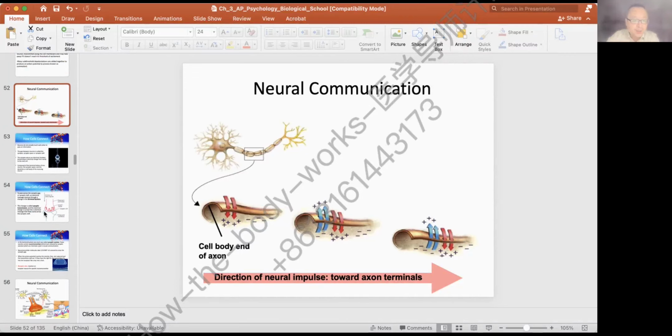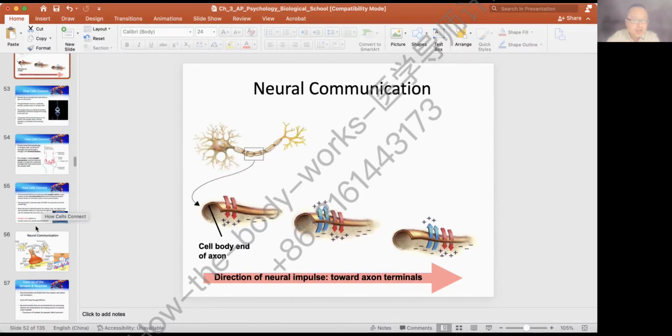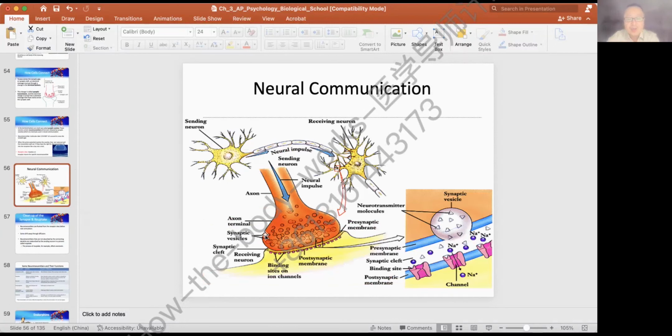I remember last time we mentioned this. When the signal has come to the nerve ending, how is the signal transmitted from one nerve cell to another? There is one important structure called the synapse.